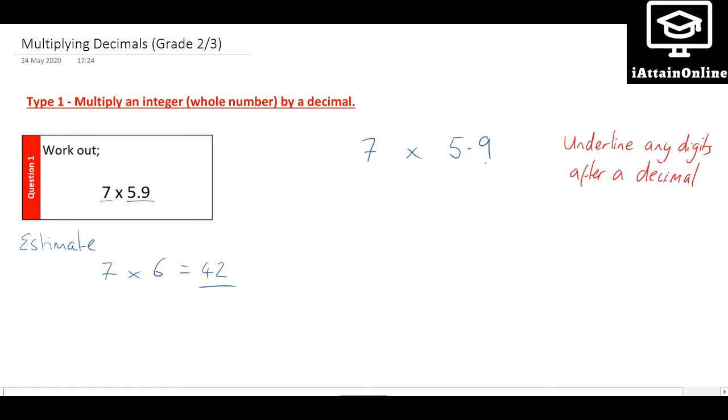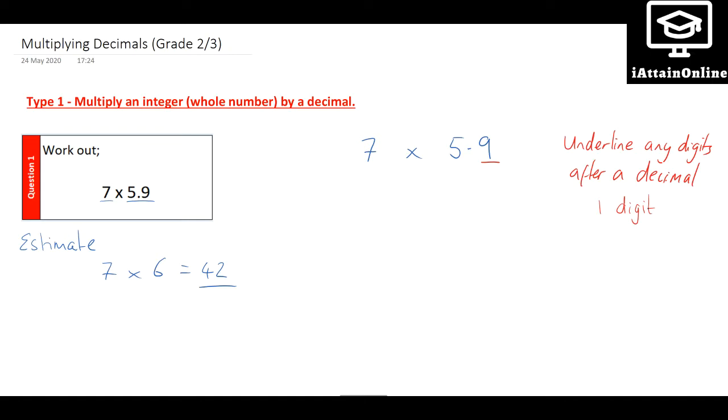However, in the 5.9, we're just going to underline the one digit. So we have underlined in total one digit in our question. That means our final answer must have exactly one digit, no more, no less, exactly one digit after the decimal point, even if it turns out to be a 0.